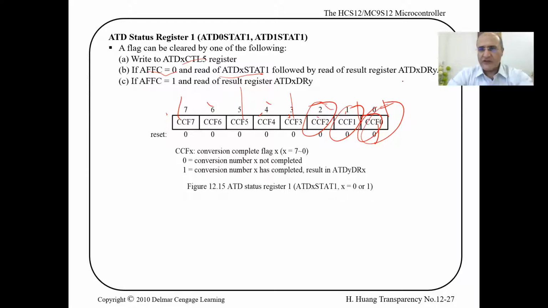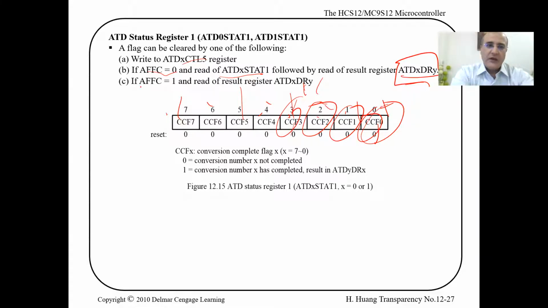Then you go read the data. You say, if this bit equals 1, then you read the value in A2D0 data register 1 or 2. This flag will be cleared.